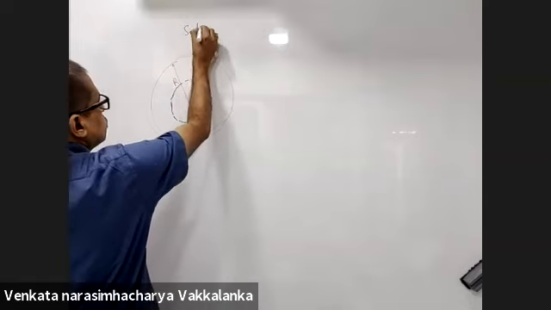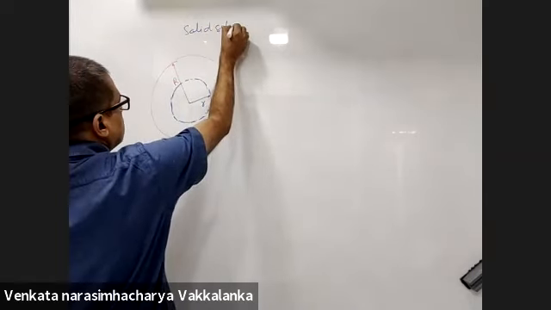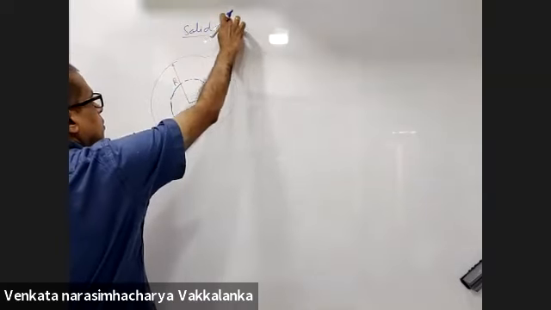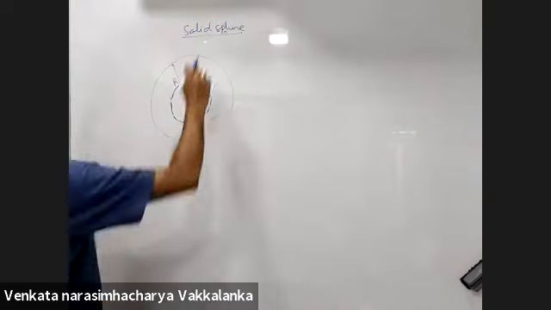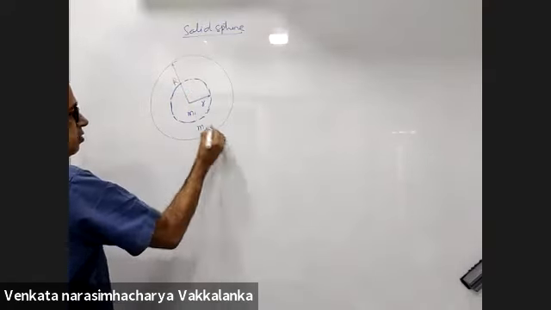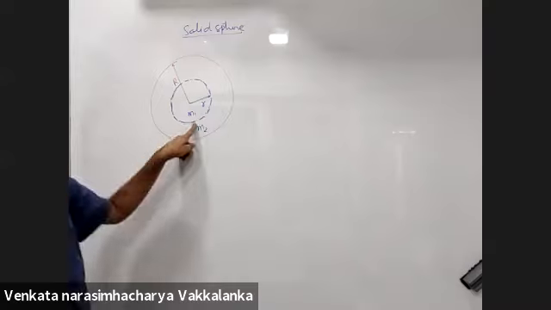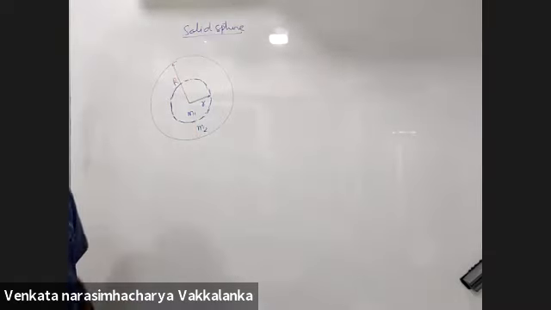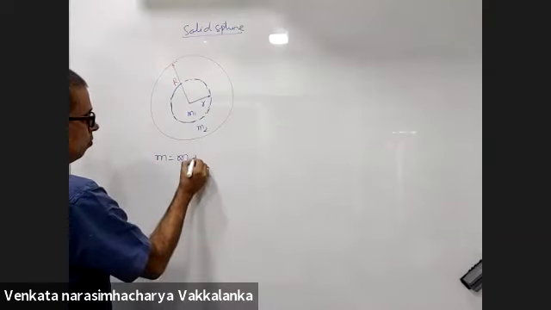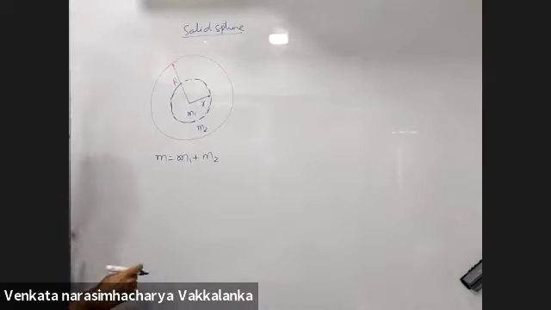This is a solid sphere. The mass inside is taken as m1, and the mass outside this point is taken as m2. So M will be m1 plus m2. This is what we did.